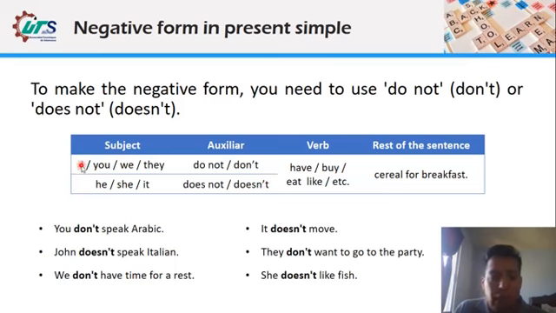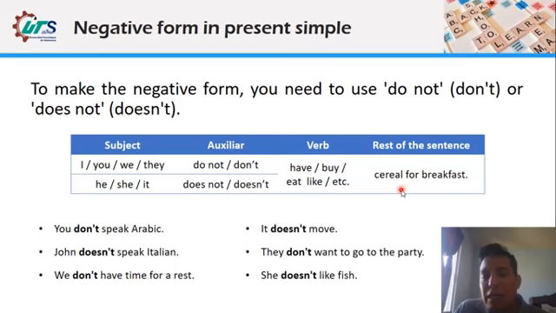For example, I do not have cereal for breakfast. This is the negative form used with the auxiliary do and does. You don't buy cereal for breakfast. We do not eat cereal for breakfast.